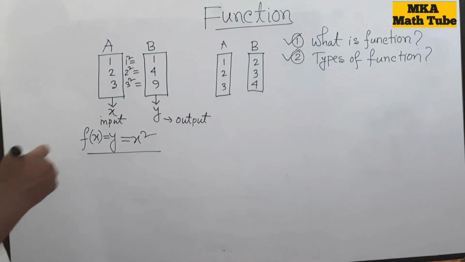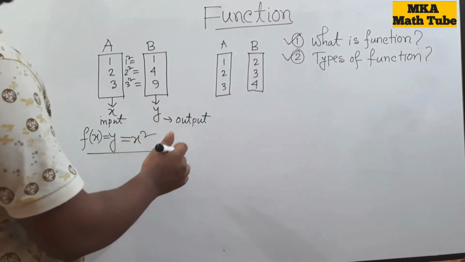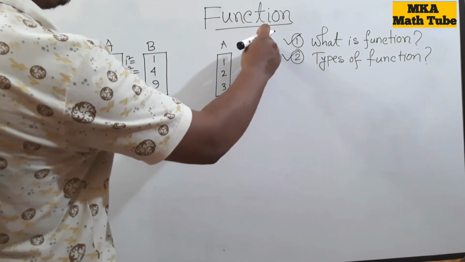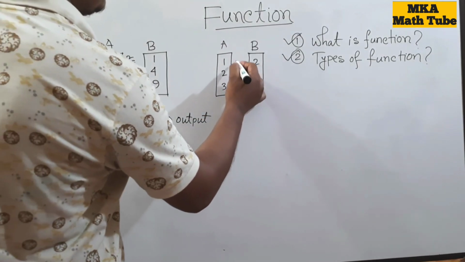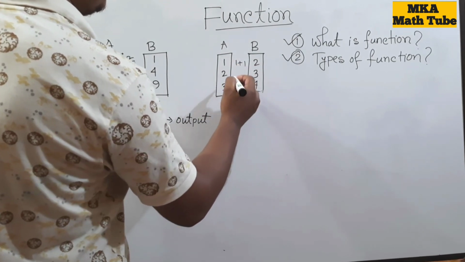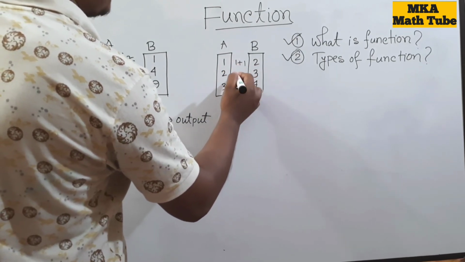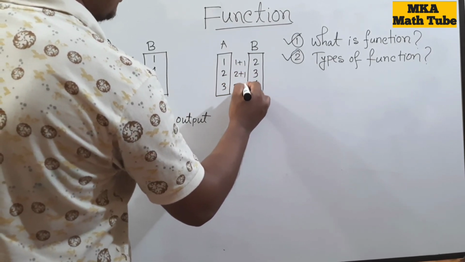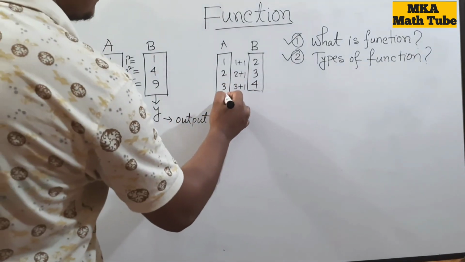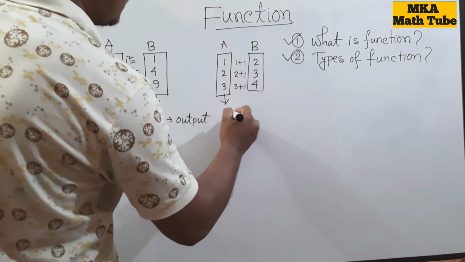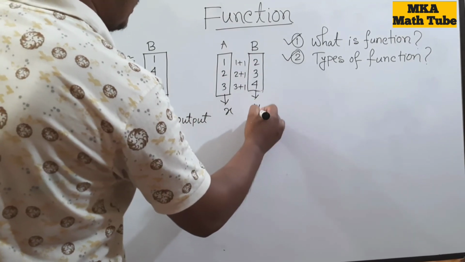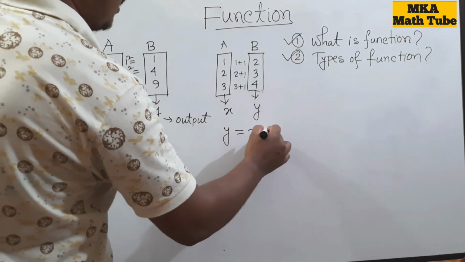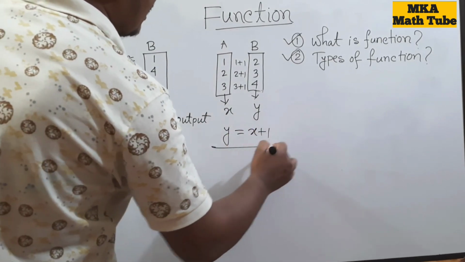Here also there is some relation between set A and B. The elements of set B increase by 1 unit. 1 plus 1 is 2, 2 plus 1 is 3, 3 plus 1 is 4. If we consider the value of set A as x and the value of set B as y, then the function is y equal x plus 1. So this is another function.